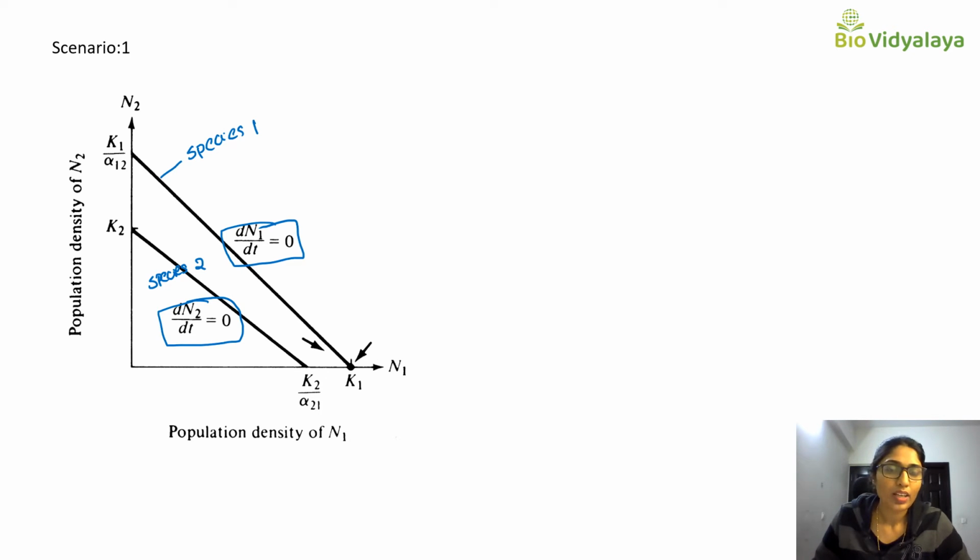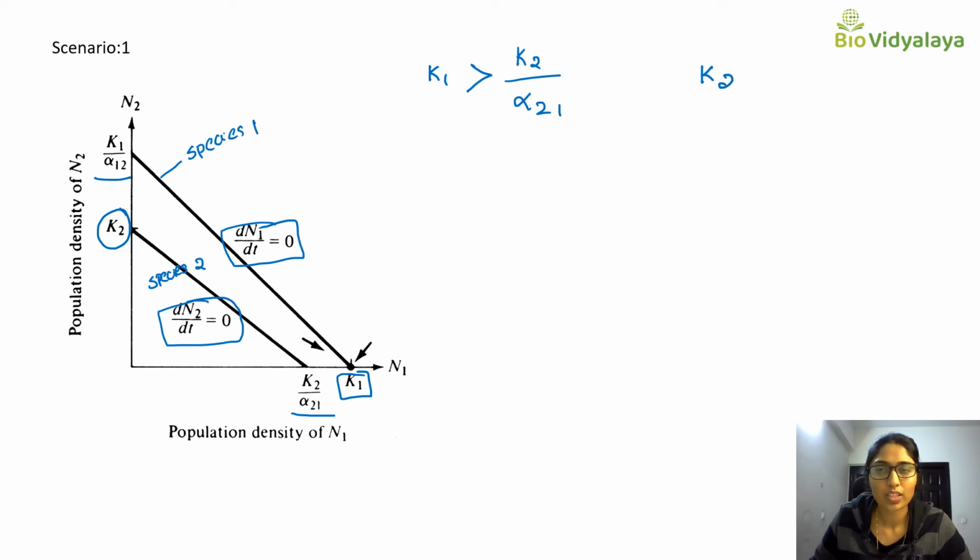And here you can see that K1 is greater than K2 divided by alpha 21. And here K2 is lesser than K1 divided by alpha 12.